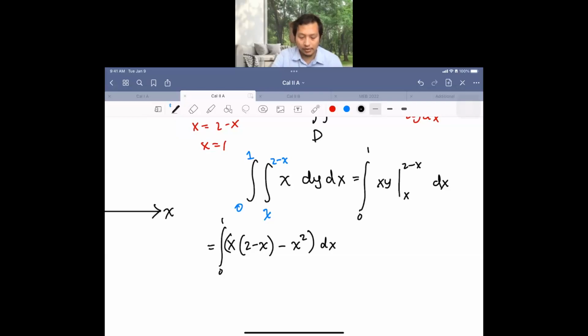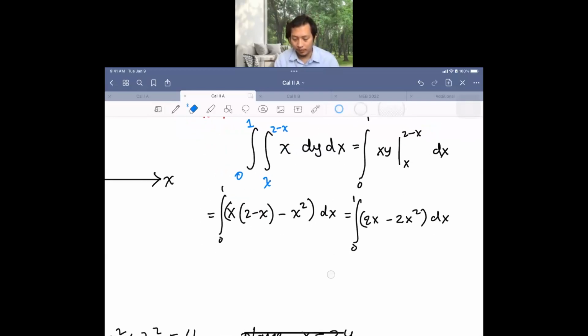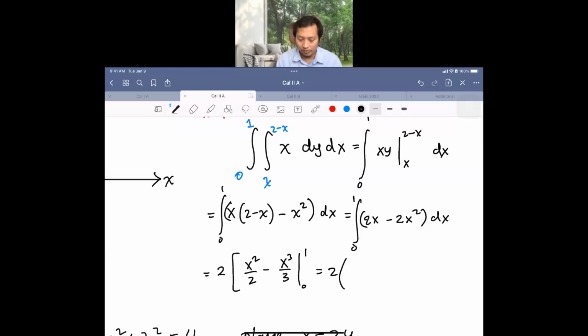So we have 2x minus 2x squared, right? So we will have 2 times x squared over 2 minus 2 times x cubed over 3 from 0 to 1. So 2 halves minus 2 over 3. This will be 1 over 6. So this will be 1 over 3. That will be the answer.